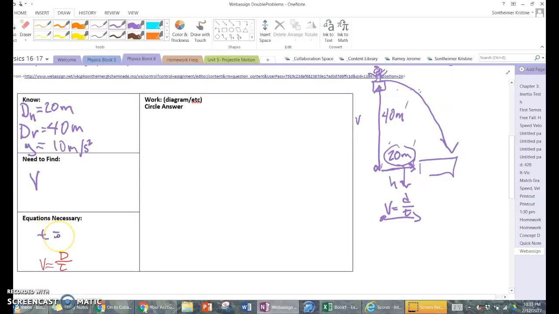How can I figure out time? Well, if they just jumped off a balcony and fell 40 meters, you'd be able to calculate the time for that. So, come up with your 2d divided by g equation. So now this is a two-parter.